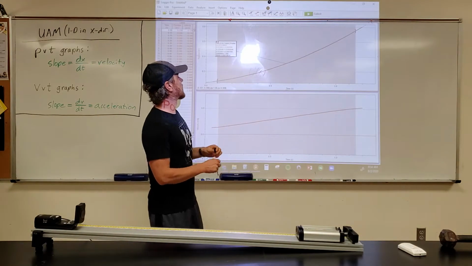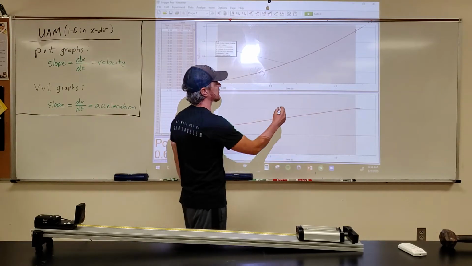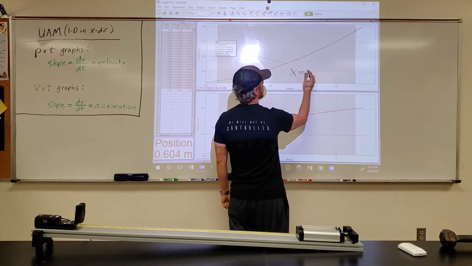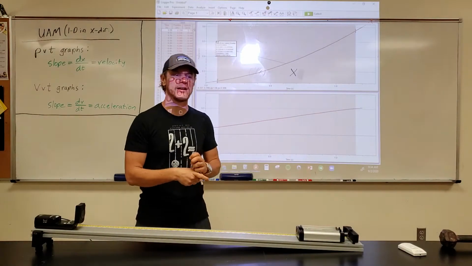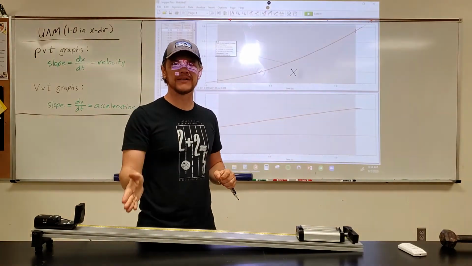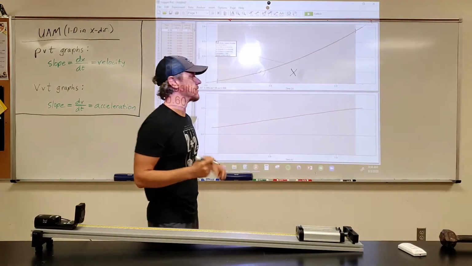If you remember from last year, at the top it says x equals, and I like writing x as a function of time. In math class we write our y coordinates as functions of the x-axis, our independent variable.